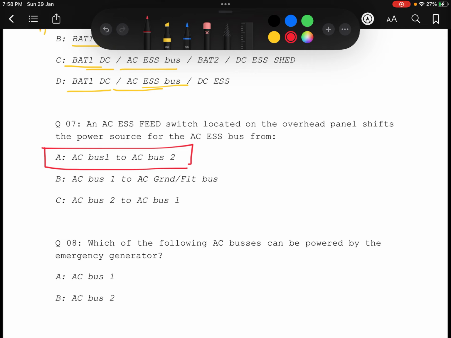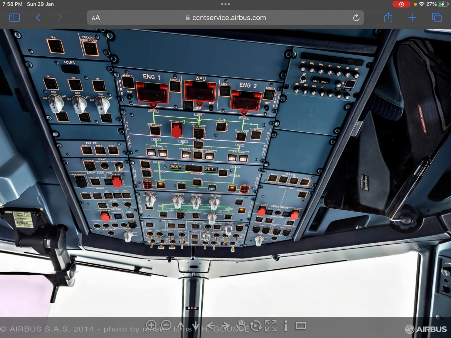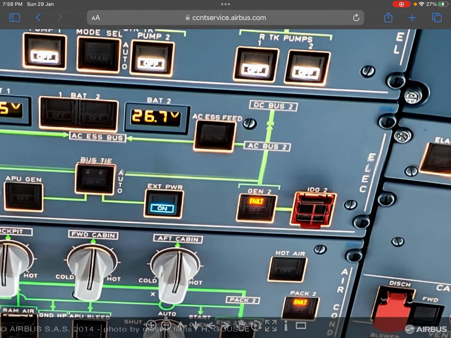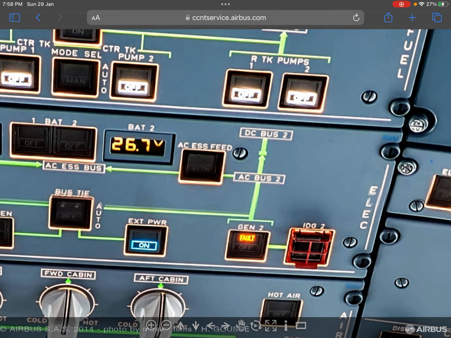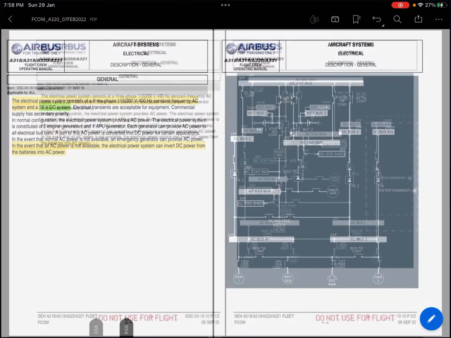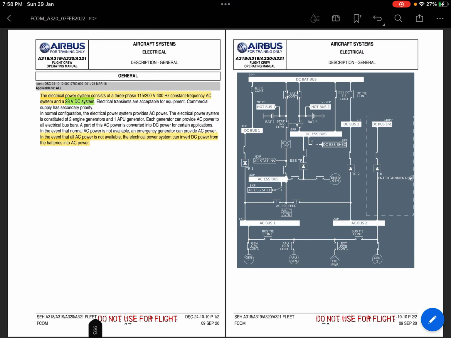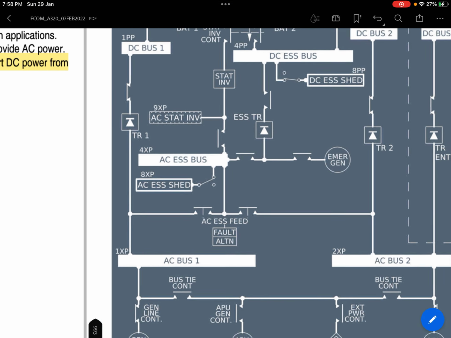Which switch are they talking about? There we have an AC essential feed switch on the electric panel, in the middle of your screen. What does this AC essential feed push button do?